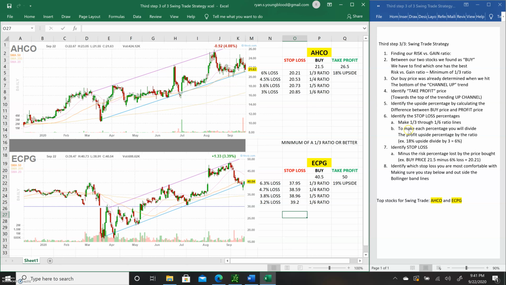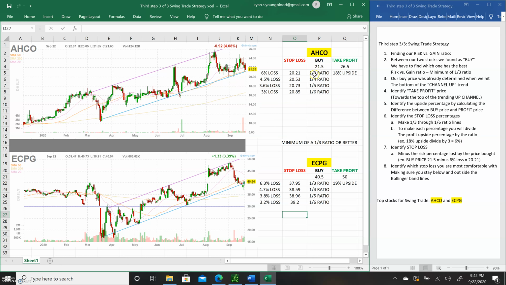And now you're going to take the profit upside percentage by the ratio. Okay? I'm sorry, divide the profit upside percentage by the ratio. So for example, 18% upside divided by 3 equals 6%.